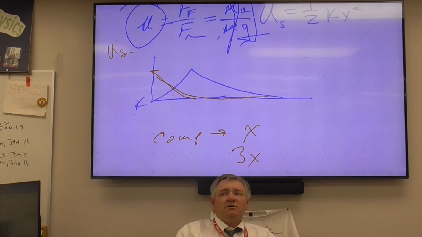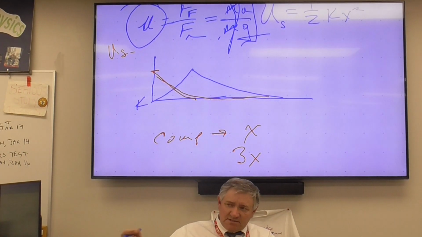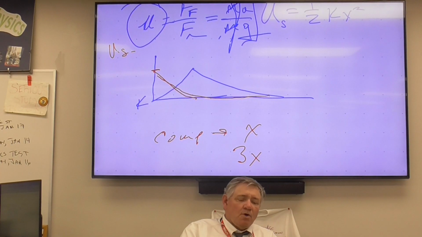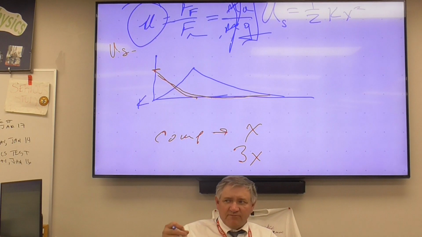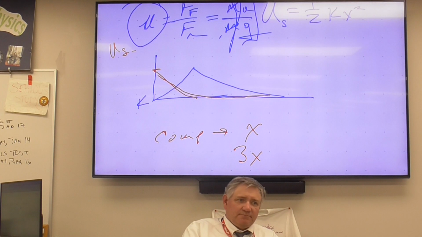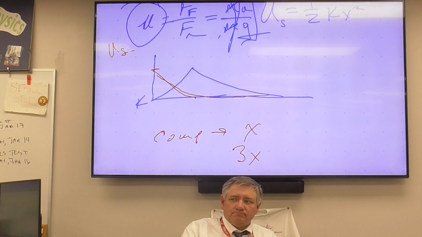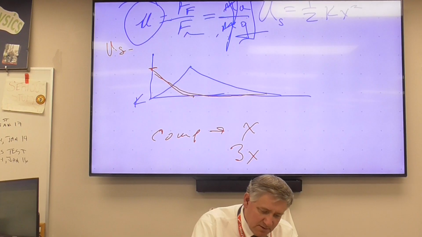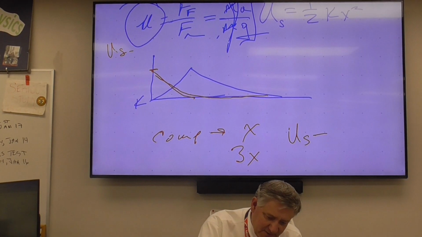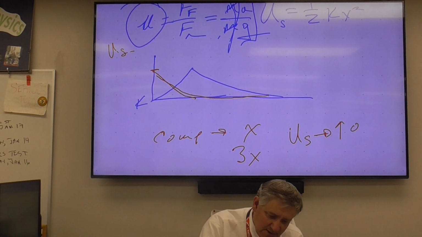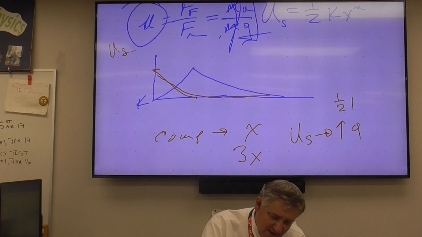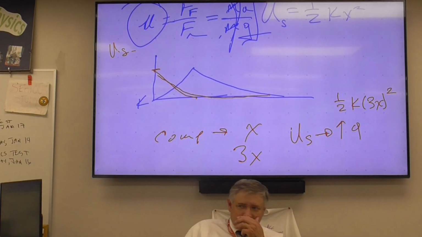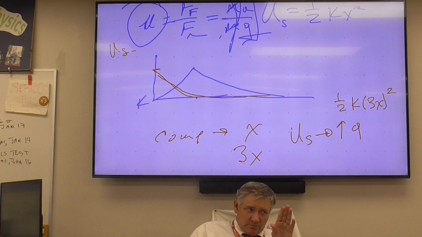So if it was compressed to a distance of 3x, what would happen to the value of Us? It would go up by a factor of 9, because it's 1/2 k times (3x) squared.